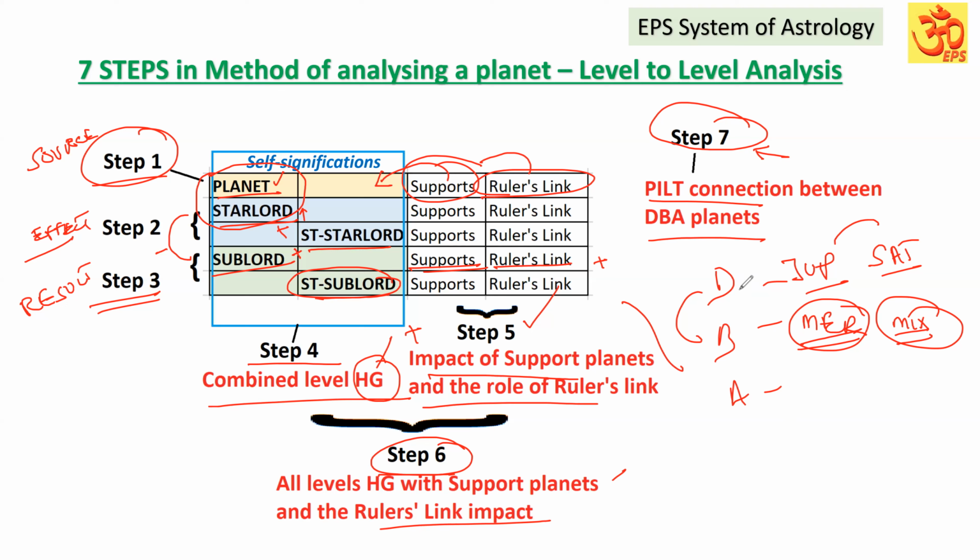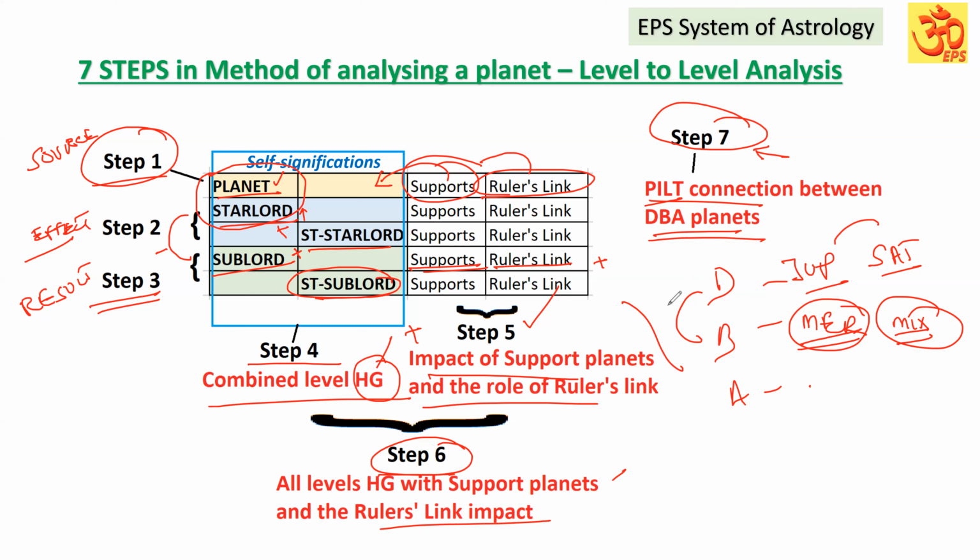The connection between the Dasa and Bhukti, based on that connection, there can be some variation in the Bhukti's output. Similarly, Antra and Bhukti. What the pilt is, I will explain in detail, but please understand step number 7 is for the pilt connection between the Dasa, Bhukti, Antra.